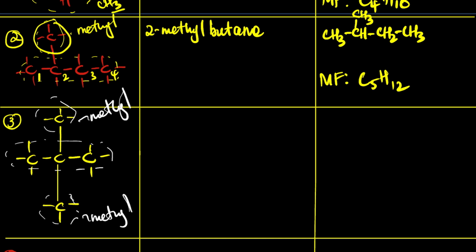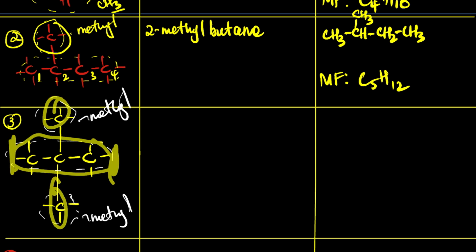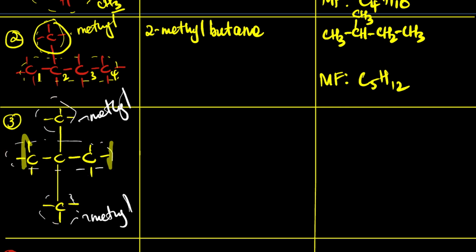Now, before we name it, we need to know, in this chain, which end are these branches closer to? We have this end and this end. Are these 2 branches closer to this end or that end? Both of them are not close to any end. They are in the middle. So we can say this one is carbon 1, carbon 2, carbon 3, or we can say carbon 1, carbon 2, carbon 3, it doesn't matter.